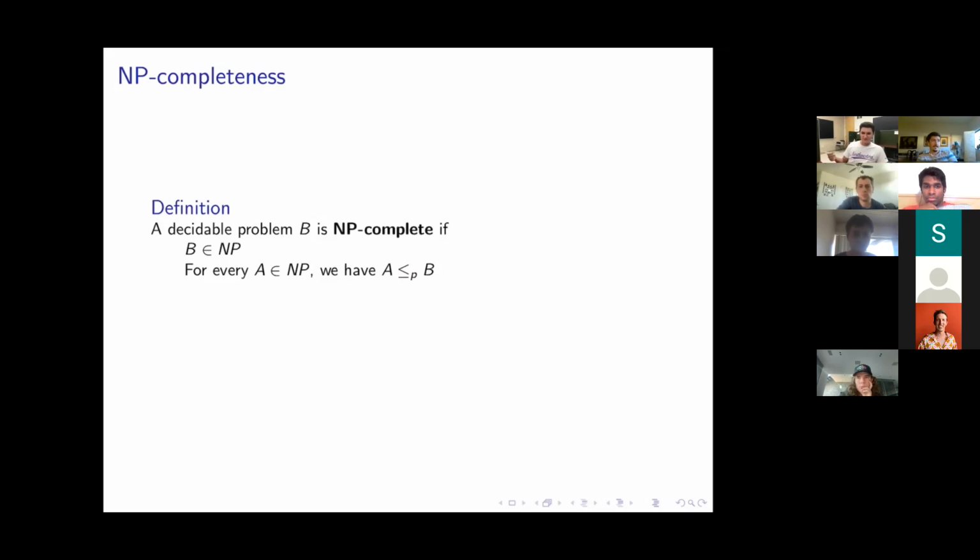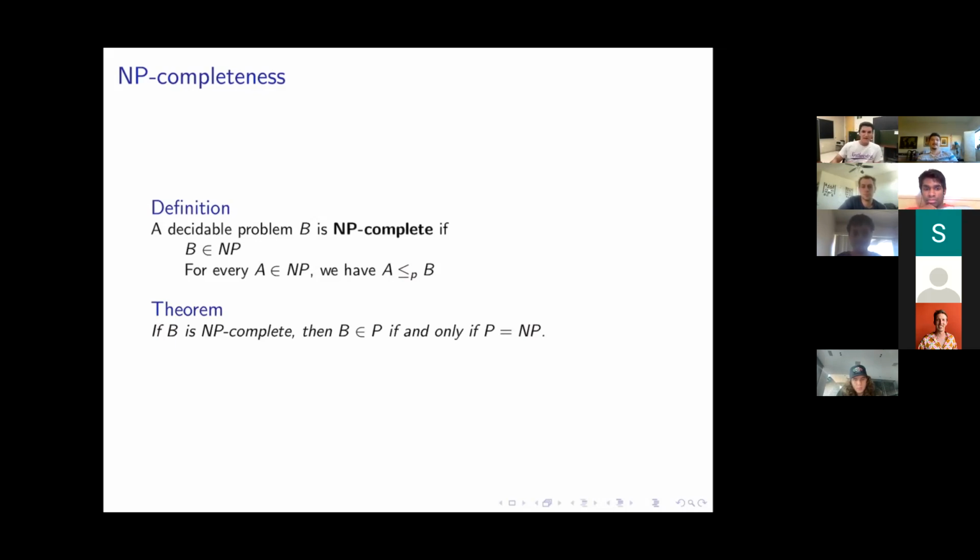Because if I can solve B, then I can solve anything just by the reduction given by NP completeness. The reason we care about NP complete problems is this theorem that feels interesting and really is just immediate from the definitions: if B is NP complete, then B is in P if and only if P equals NP.